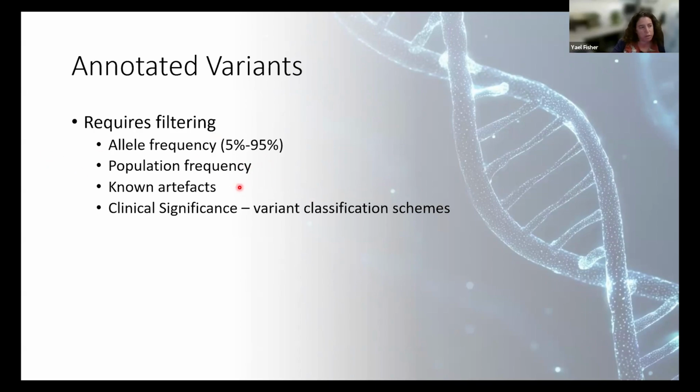We want to look at the population frequency. We want to filter out known artifacts, and most importantly, we want to know the clinical significance of these variants. And that's achieved by knowing our variant classification schemes, which we will talk about next time.